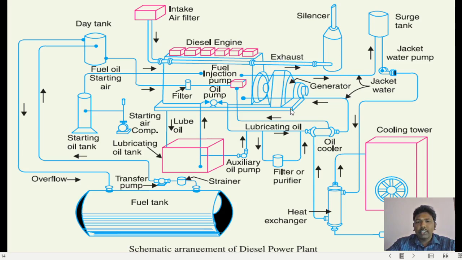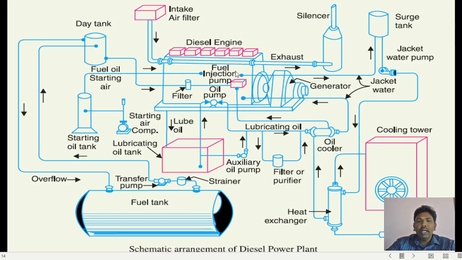The generator is going to give you the electricity. What is the prime mover here? The prime mover here is the diesel engine. You can see it in this portion. The diesel engine, as you have in your locomotives, can be either a two-stroke engine or a four-stroke engine.